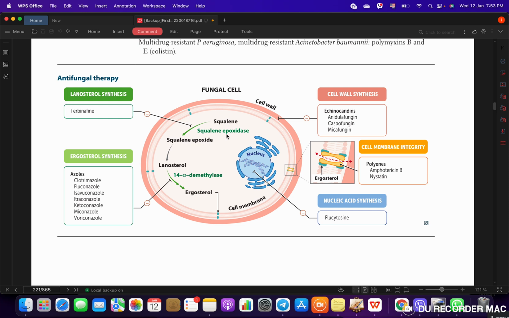Okay? So the first one is squalene epoxidase, inhibited by terbinafine, which is used, if you remember, for tinea capitis and tinea unguium, the nails. Ergosterol synthesis is inhibited by all of the azoles, which work by inhibiting the lanosterol demethylase, and we'll speak even more about it and its relationship with cytochrome P450 in a minute.